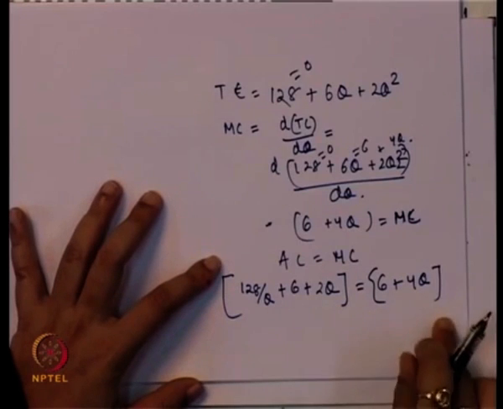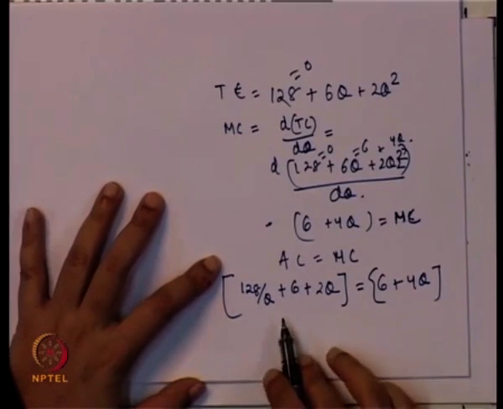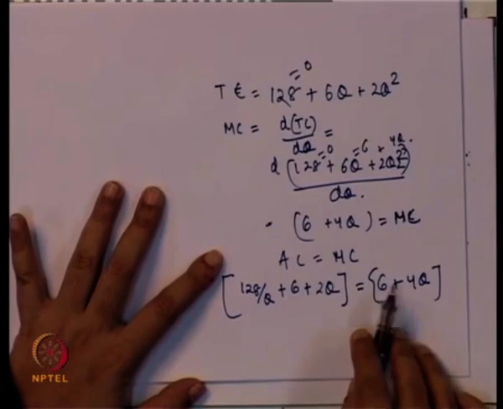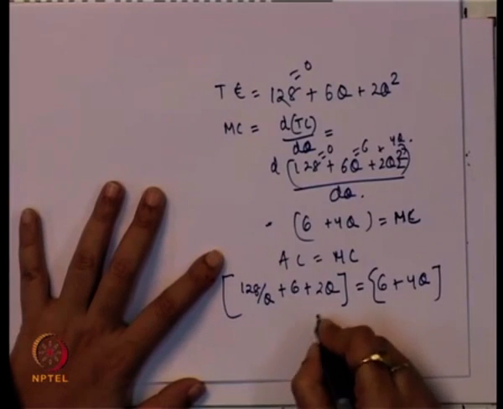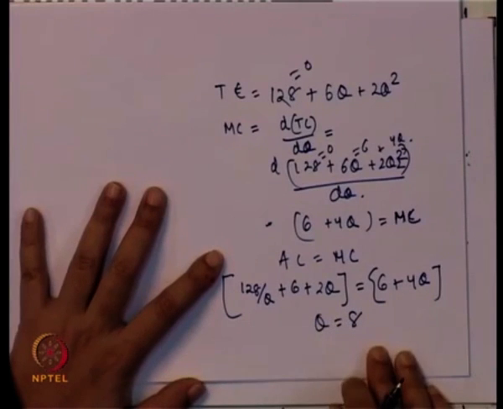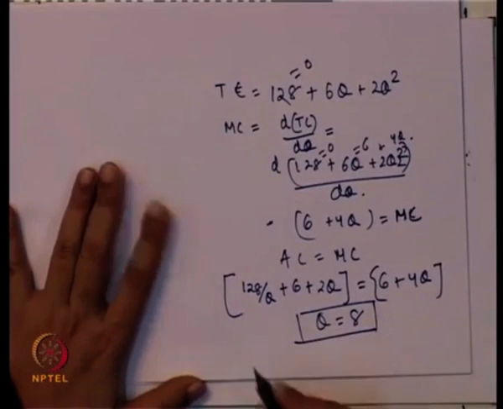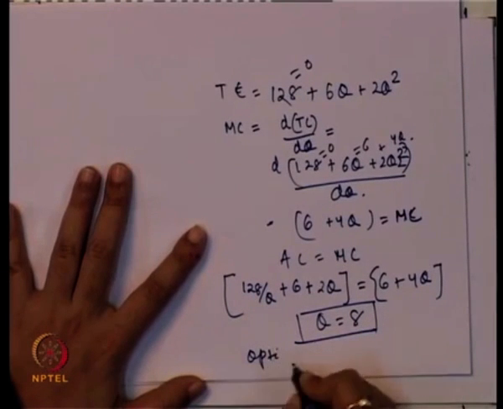If you equalize average cost and marginal cost and simplify, we get a value of q which is equal to 8. So, q equal to 8 is what?